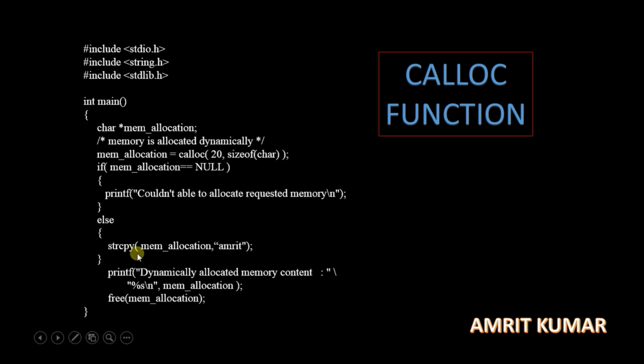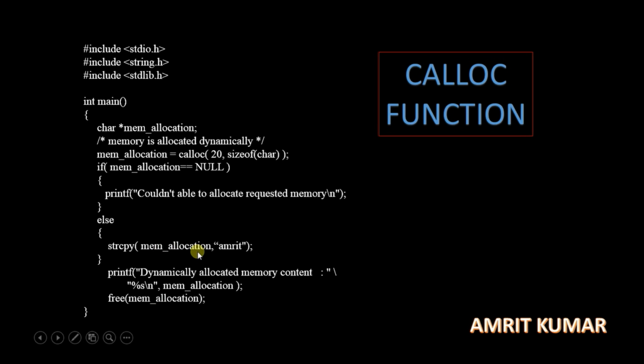Otherwise, it is going to execute this statement in which I am using strcpy, a function I have already told you about, which is used to copy strings. So whatever string it contains, that is Amrit here, is going to be copied into mem_allocation.